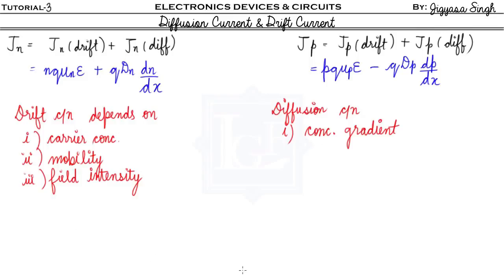So we will learn it in such a way that we just have to revise this once and we can recall it as soon as possible. Now I forgot to write the unit, but you know the unit of current density. It is ampere per centimeter square.